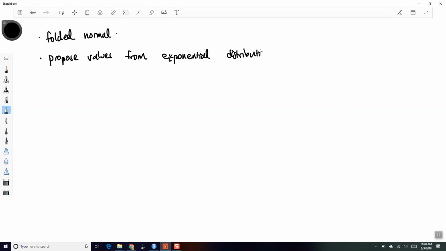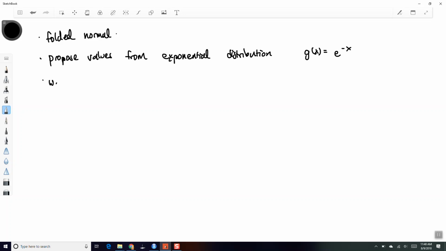So for the folded normal, we propose values from the exponential distribution, which is g of x equal to e to the negative x.